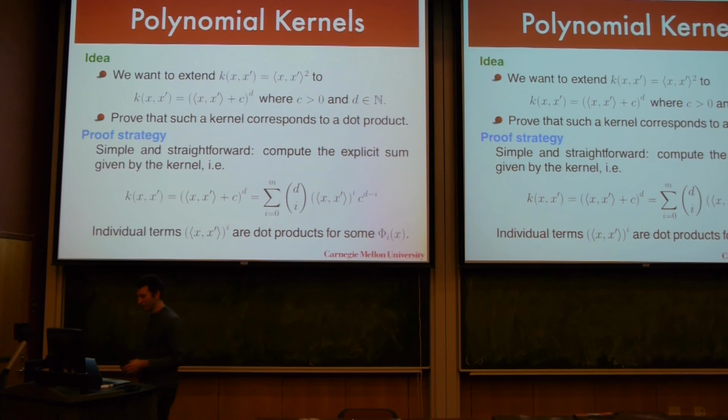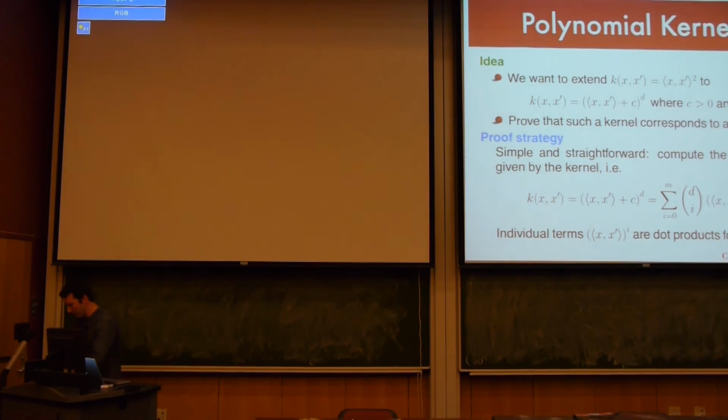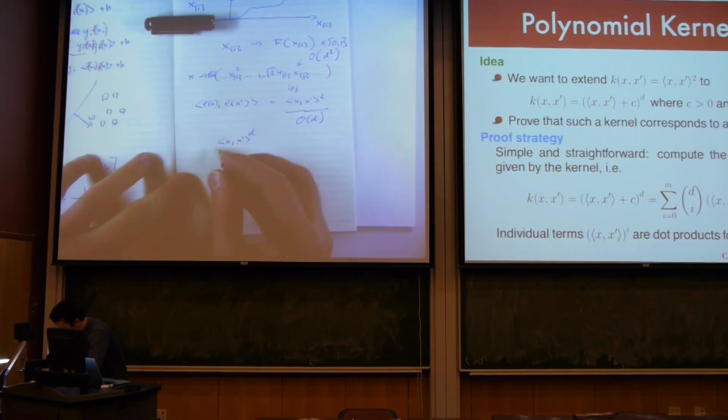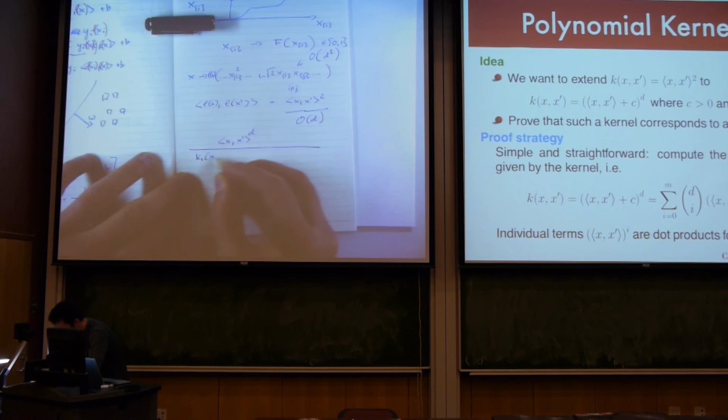So it just proves that everything is a kernel. Let's actually look at that. Let's say I have some kernel k1 of x and x prime, which is given by the inner product of the feature maps.